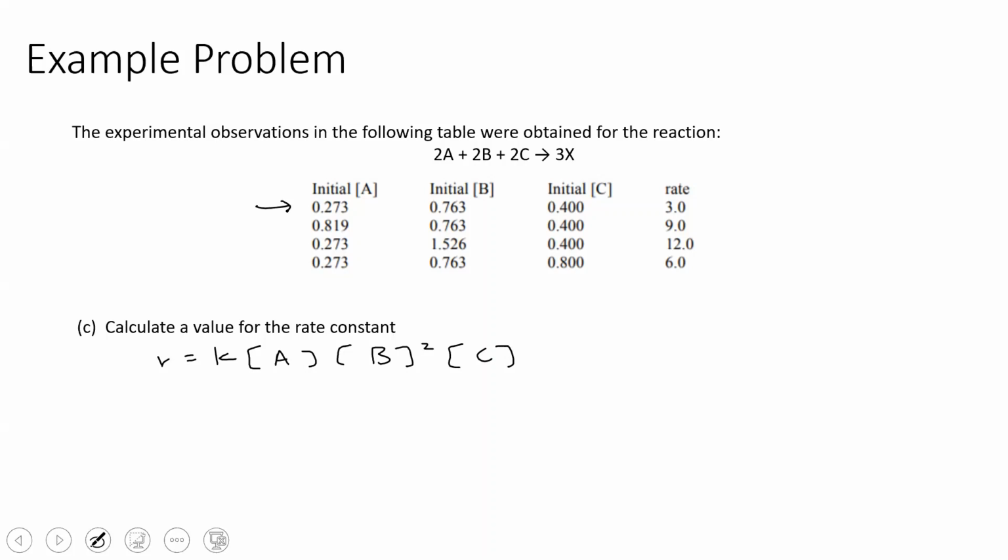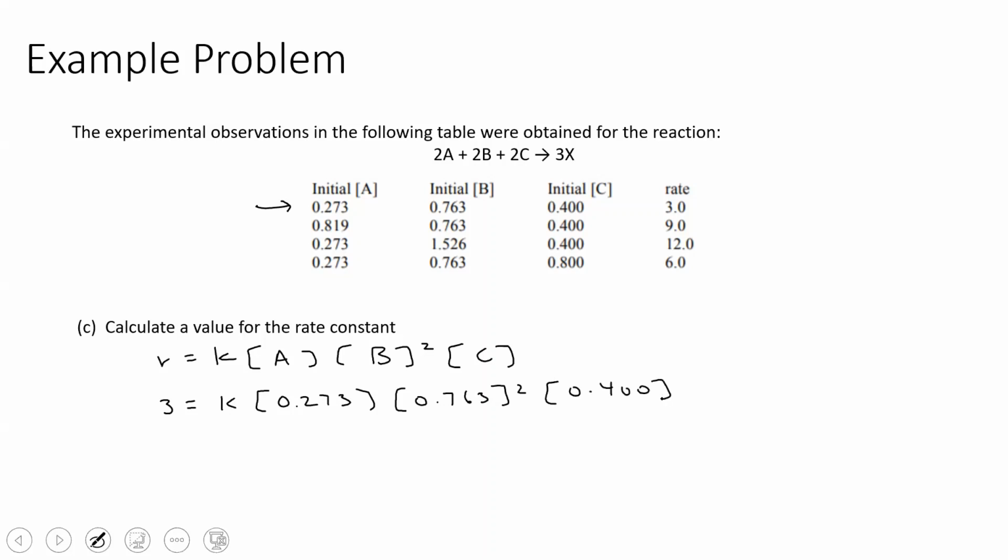I'm going to use the first row, simply because it's the first row, but if you feel inclined to use the second, third, or fourth row, you will get the same exact answer. So R is 3. We'll have 3 equals K times the concentration of A, which is 0.273, times B squared, which is 0.763 squared, also times C, which is 0.400.